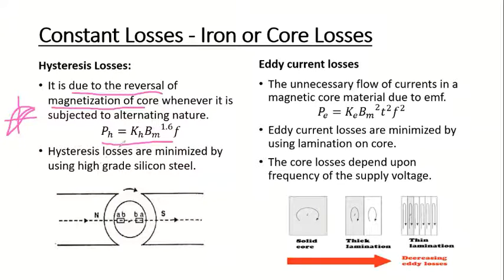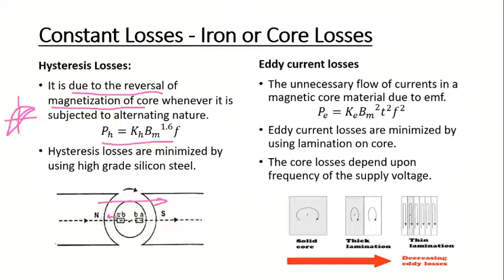Now see what hysteresis loss is. If we see this figure, the flux lines pass from the north pole to the south pole. Let this be a rotor, and this is a coil. A is facing the north pole, which means A is subjected to the north pole.